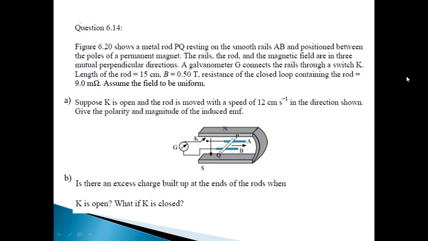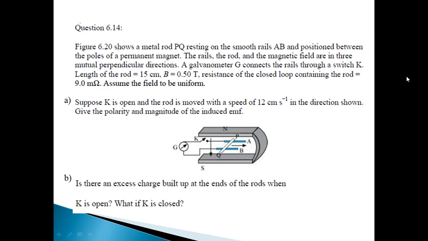A galvanometer G connects the rails through a switch K. Length of the rod is 15 centimeter. Magnetic field B is 0.50 Tesla. Resistance of the closed loop containing the rod is 9.0 milliohm. Assume the field to be uniform.